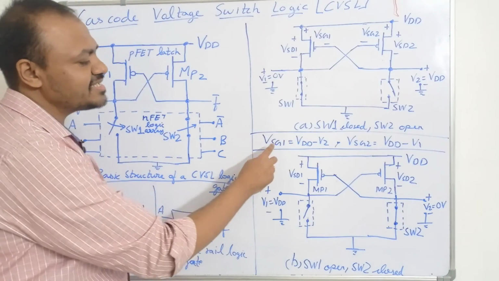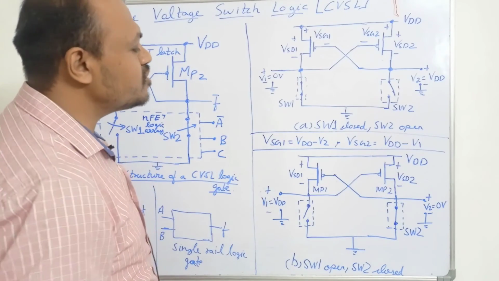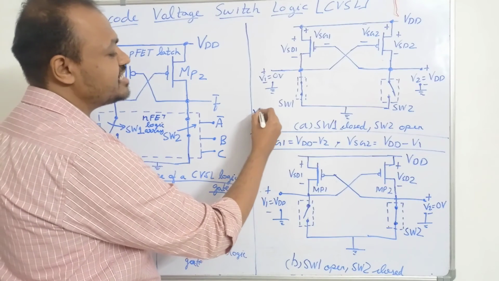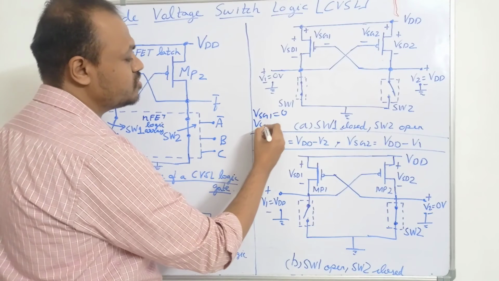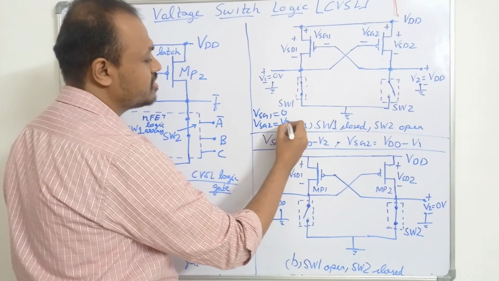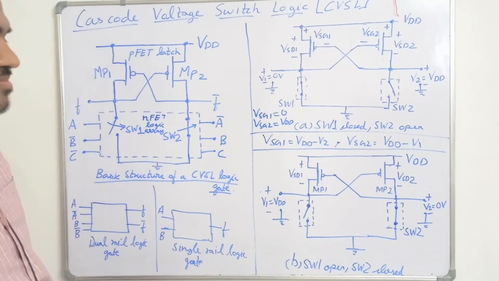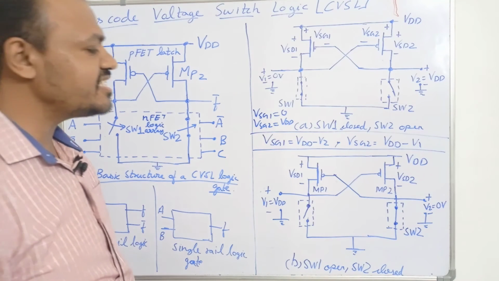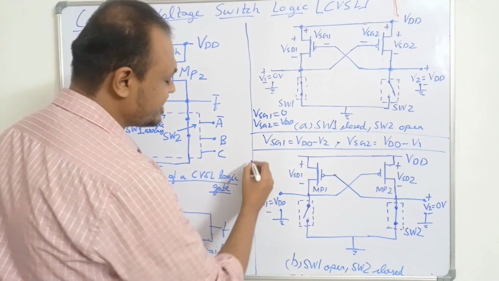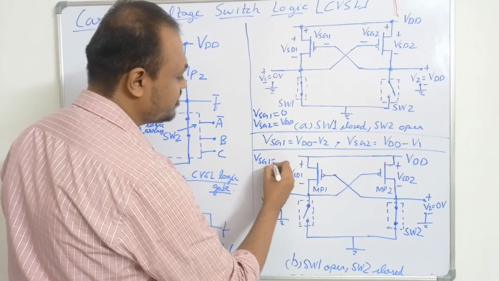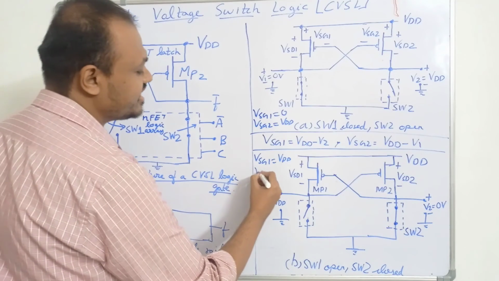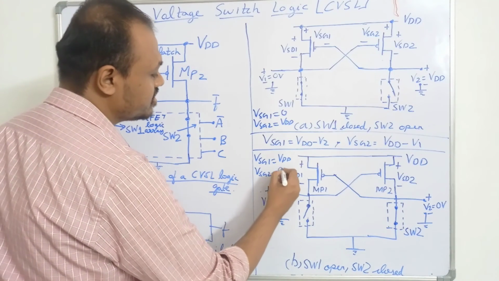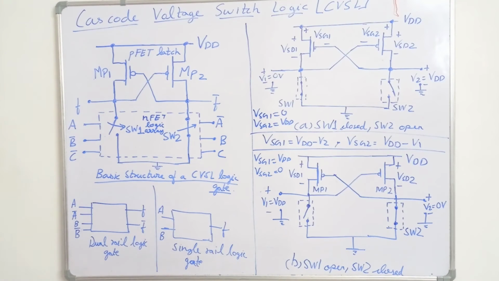In the first case, VSG1 will be equal to 0 volt because V2 is VDD, and VSG2 is equal to VDD. In the second case, VSG1 will be equal to VDD because V2 is 0 volt, and VSG2 equals 0 volt. So we have found the source to gate voltage for both the states.